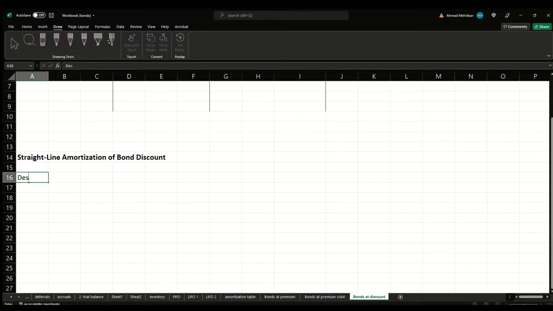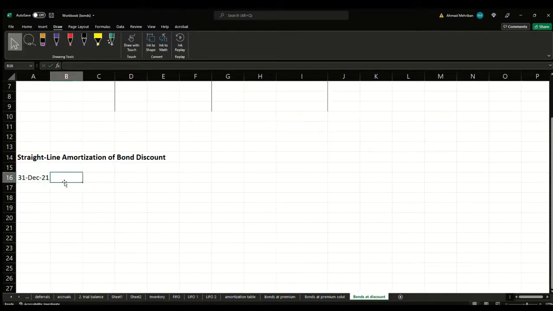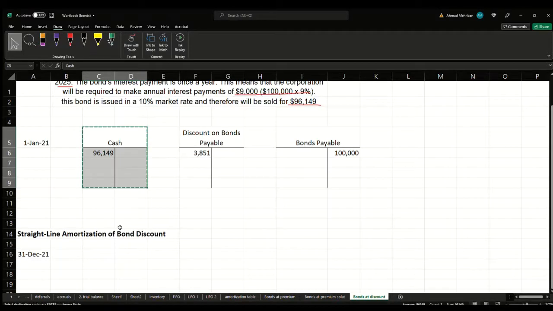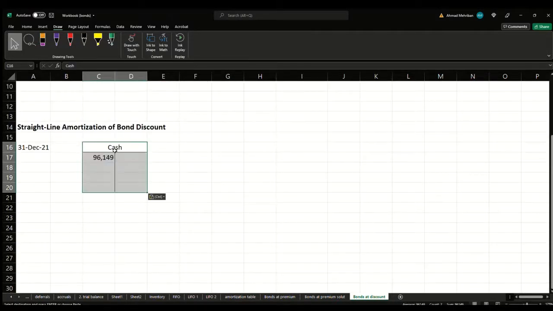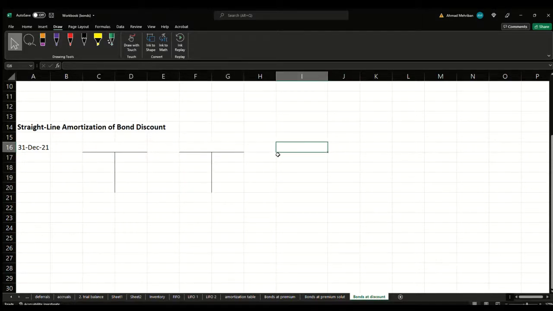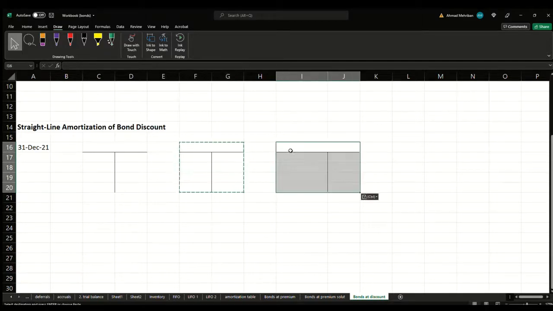So December 31, 2021. We're going to record our first interest payment of that year if we assume that we're paying it annually. I'm just going to copy and paste the journal entries, the T accounts.